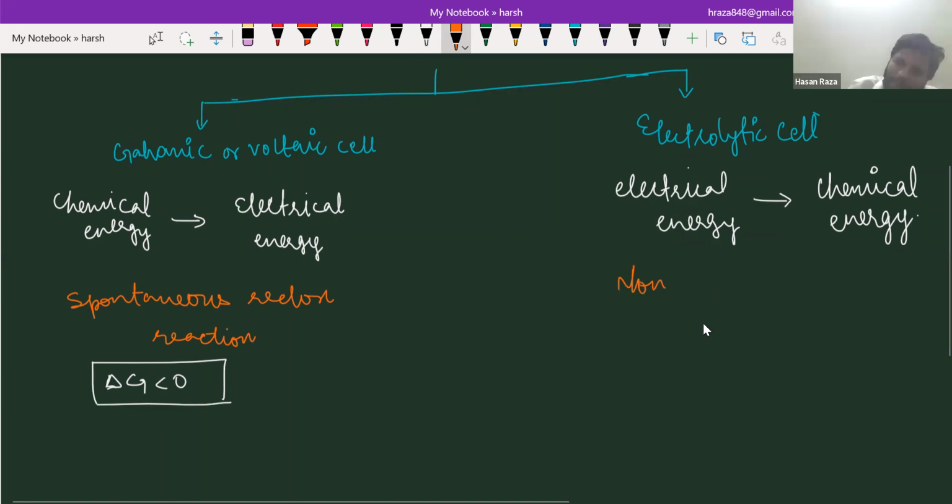If it is a non-spontaneous reaction, the value of delta G will be positive, greater than 0. What does this delta G stand for? Gibbs free energy.